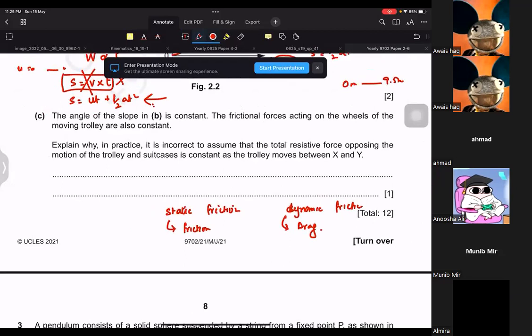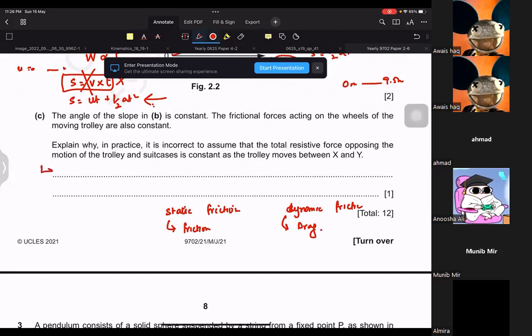So this means that he said the resistive forces are constant, but they can't be constant because if the velocity is increasing, then the drag is increasing, which means that eventually it will be so big that it has to go with constant speed.